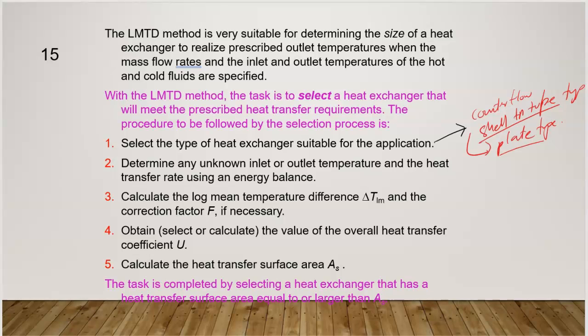And then number 2, determine any unknown inlet and outlet temperatures and heat transfer rate using an energy balance. So energy balance, this is E in equal to E out. So having these formulas, actually this one is Q. Q is equal to E in, and we have another one, Q equal to E out.